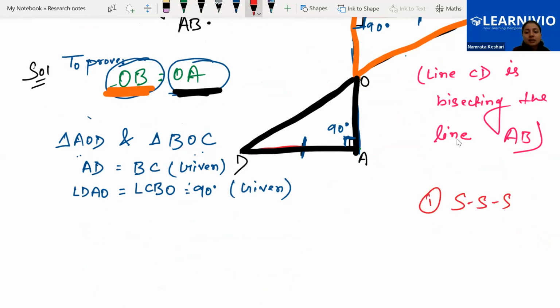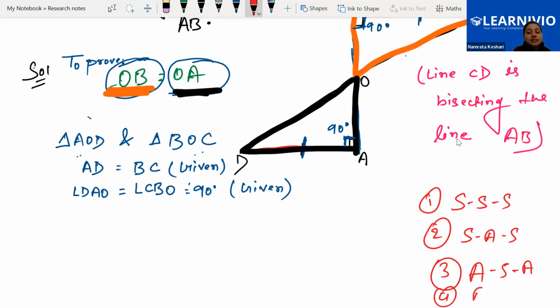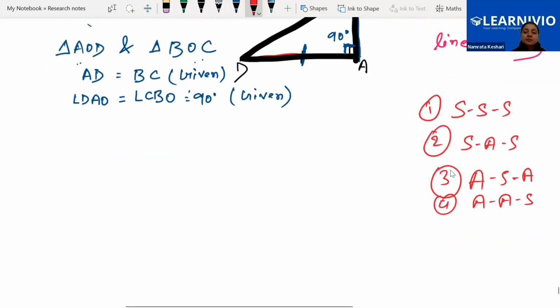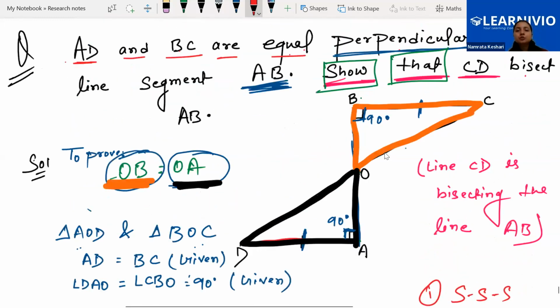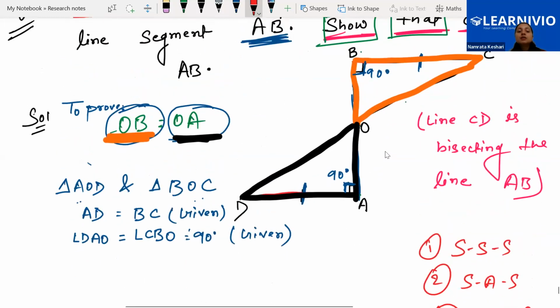Side, angle, side. Angle, side, angle. Angle, angle, side. Perfect. What else? RHS. These 5 rules we are having already in hand. And if we are able to use any one of them, then we can say the two triangles are congruent.